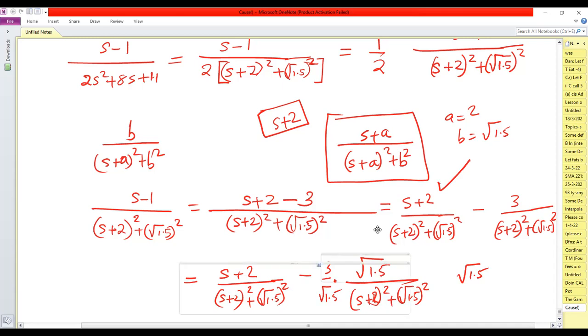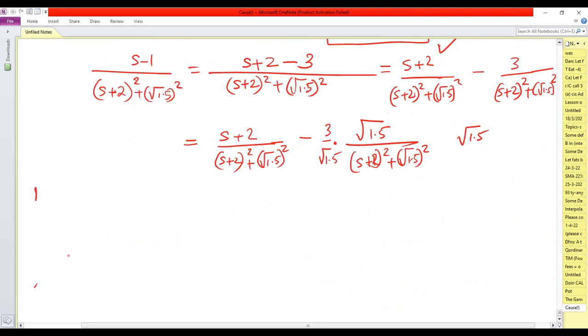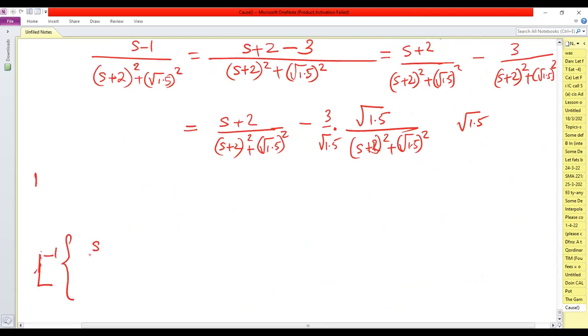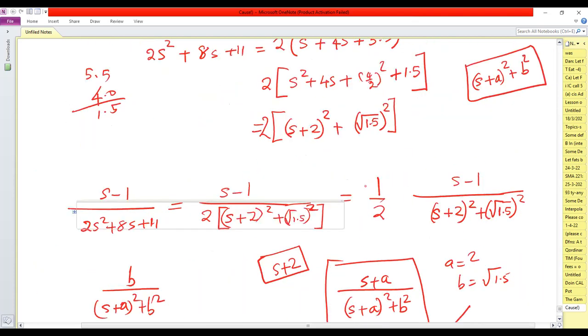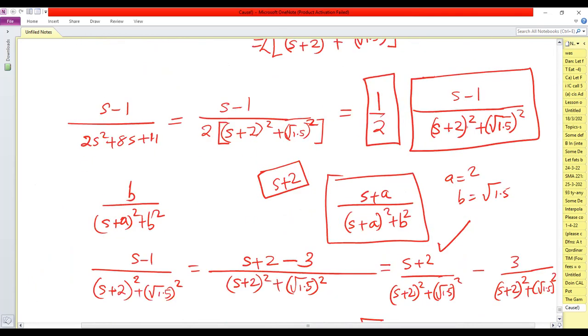So now my solution, the inverse transform of (s minus 1) over (2s squared plus 8s plus 11), will be, remember, we had a factor of a half before we got this expression. Because we have reduced this expression into standard forms, we're just going to multiply each of those standard forms by this factor of a half.